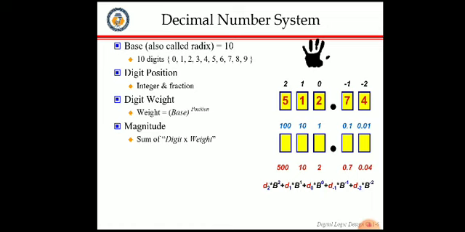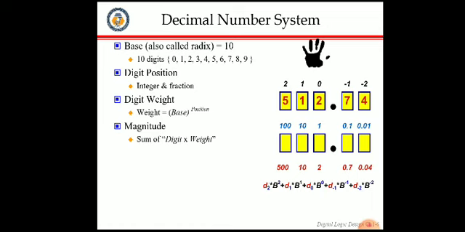Similarly, after the decimal point, we have 2 digits, 7 and 4, and positions are -1, -2. And weights are 10 power -1, that is 0.1, and 10 power -2, that means 0.01. So what is the value of the 7?